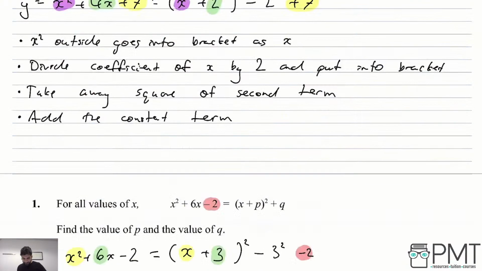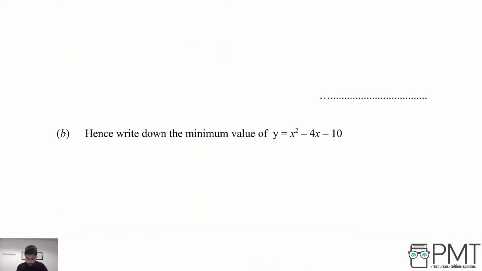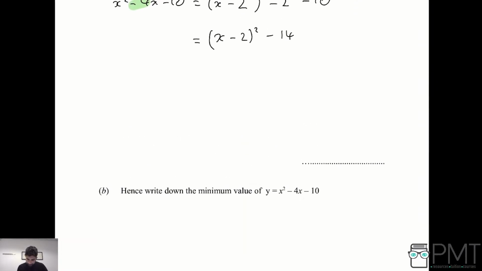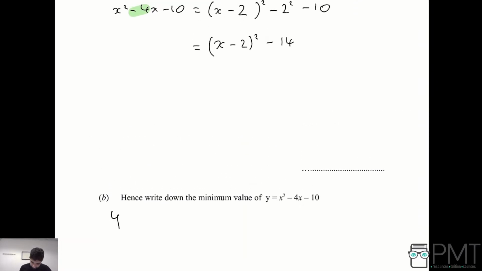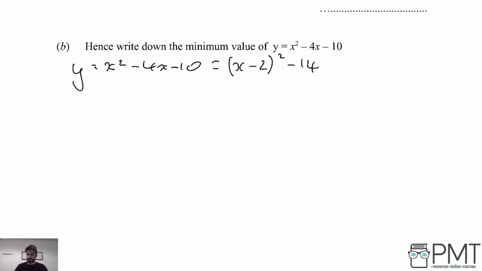So let's apply this to the question we have now. By completing the square, we said that this function y equals x squared minus 4x minus 10 is the same as x minus 2 squared minus 14. So it's just a nicer way of writing the function.